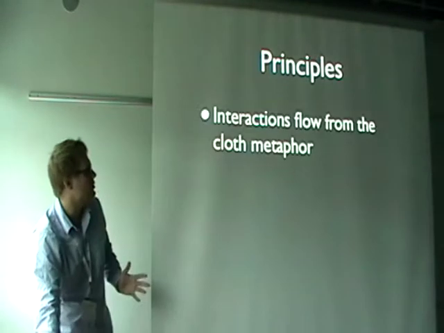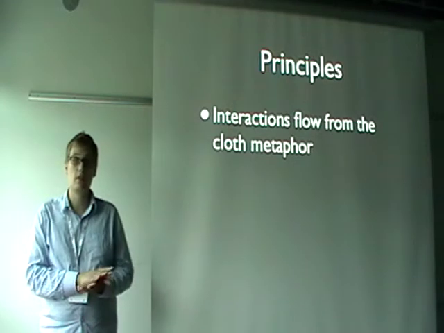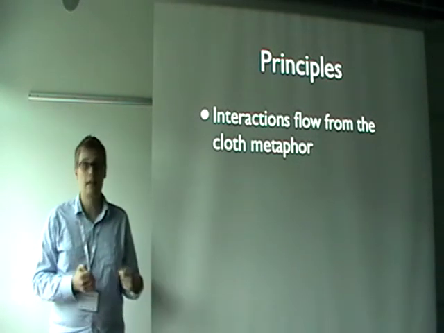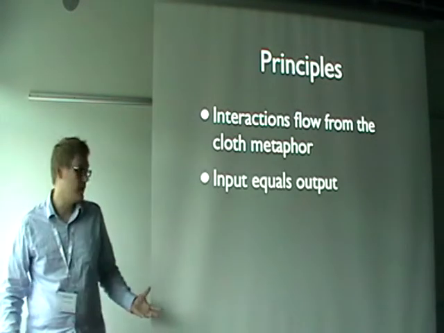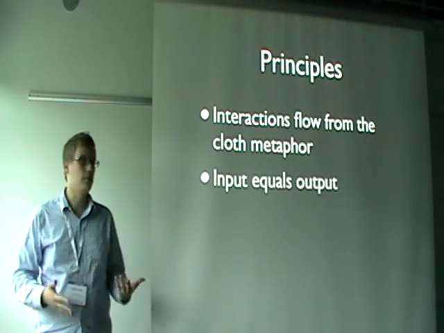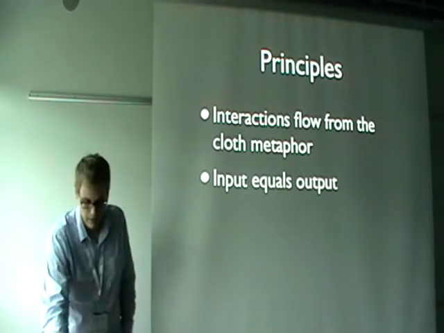And so I'll talk a little bit about the design behind the work we did. We came up with some basic principles. First is that interaction should, whenever possible, flow from this cloth metaphor, and so people are interacting with cloth and they should interact with it like cloth as much as possible. Second is that input equals output, and so because we're trying to unify the display and the interaction in one spot, that should be as unified as possible there.